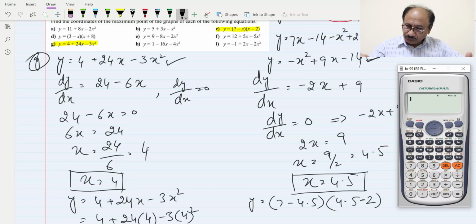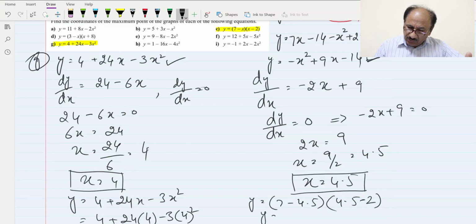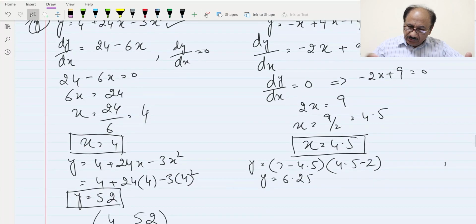Now we can put brackets like this, 7 minus 4.5 bracket close, into the second one, which will be 4.5 minus 2, and this will be equal to what? The decimal value will be 6.25. So y is equal to 6.25, and we got this value of y.